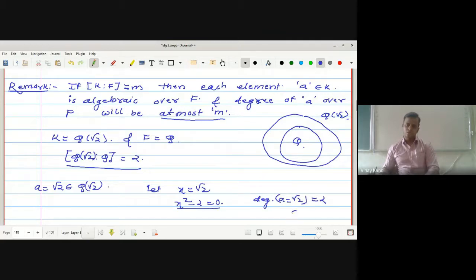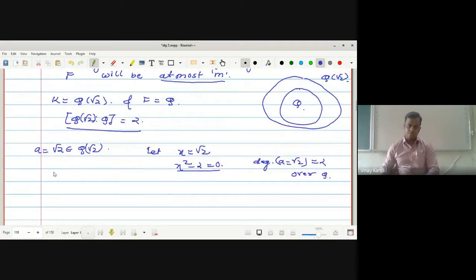Now A is equal to, suppose, 2, and this belongs to Q root 2. What is the degree of this element A? Let x is equal to 2. So this implies x minus 2 is equal to 0.